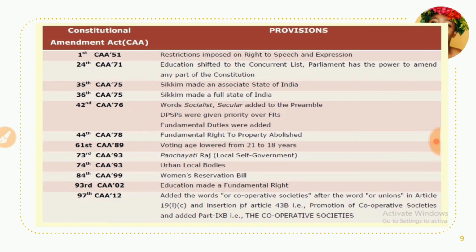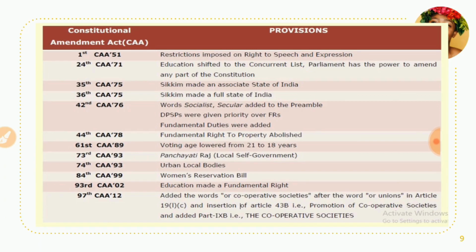The 73rd and 74th amendments in 1993 are about local self-government, that is Panchayat Raj and urban local bodies, or ULB. The 84th Constitutional Amendment in 1999 is very important for the Women's Reservation Bill. The 93rd Amendment Act of 2002 made education a fundamental right.